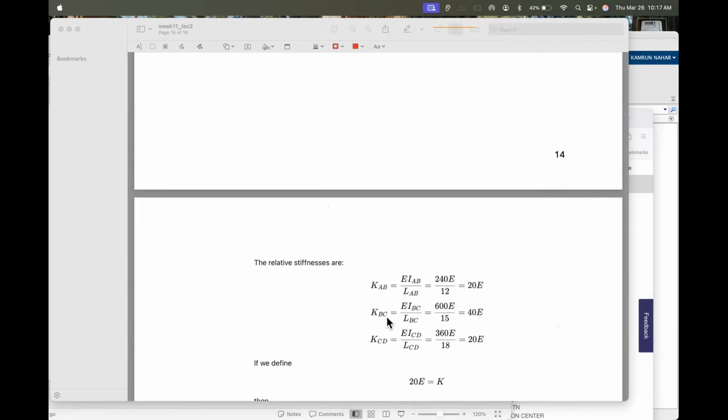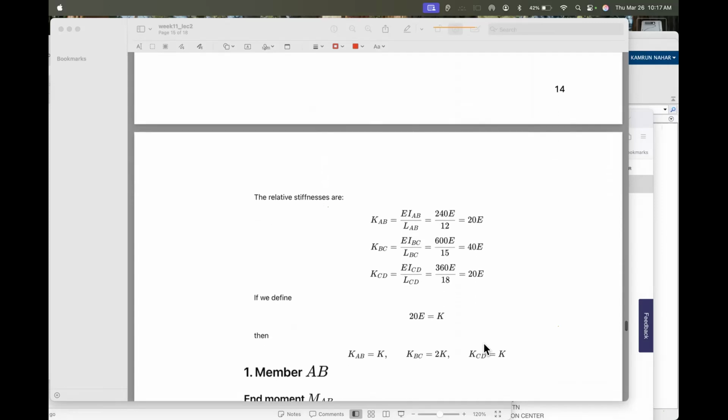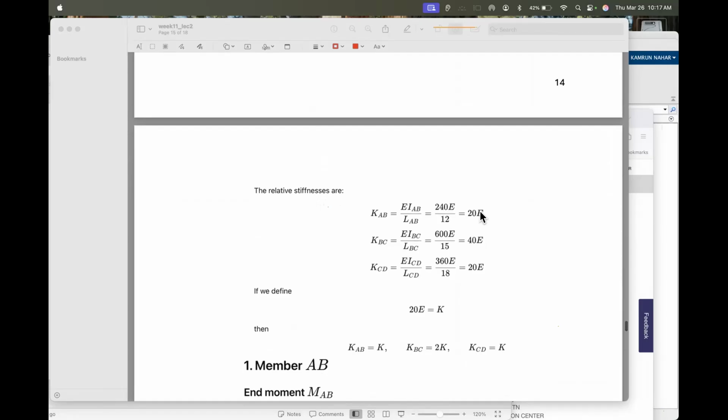Okay. For bar BC, again write that, because I is different. For bar CD, the moment of inertia I is different. So just write three equations. And look at this, in all the cases for K_AB, K_BC, and K_CD, there is a common term, I over 20E.